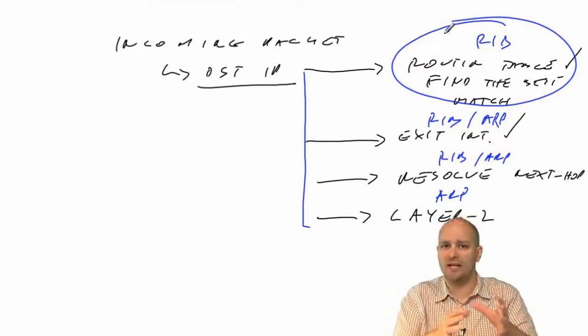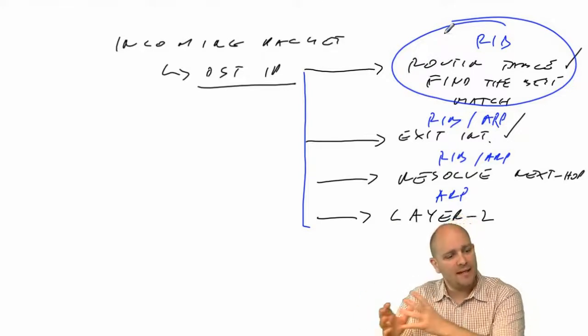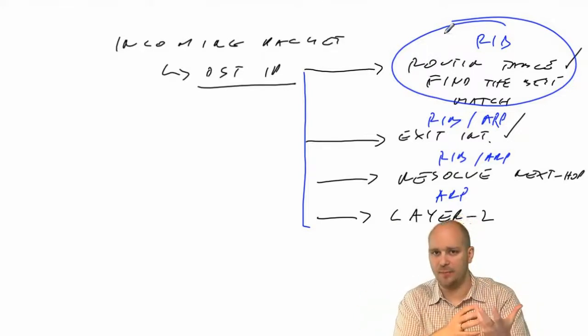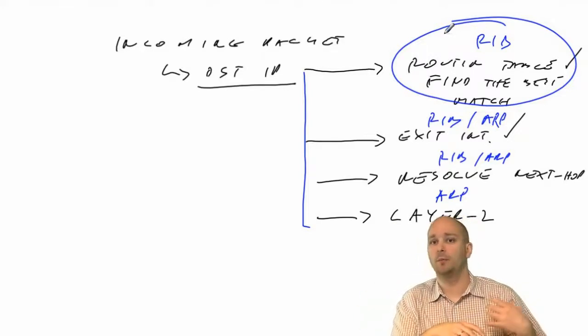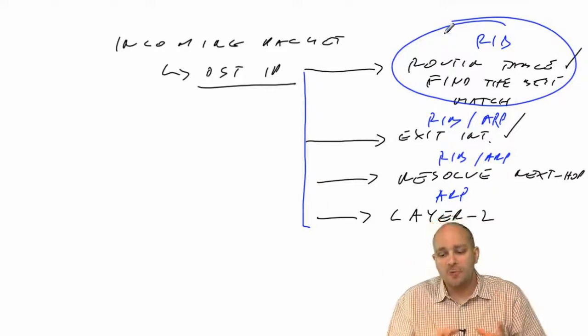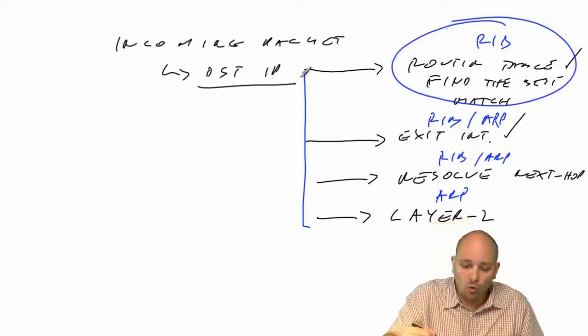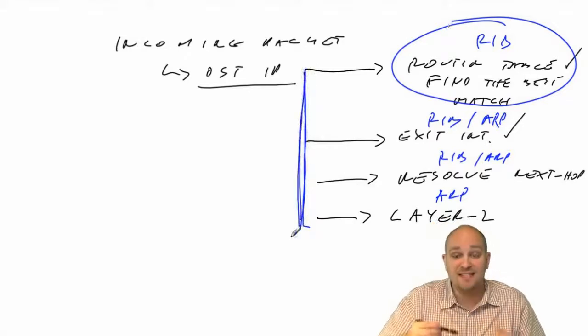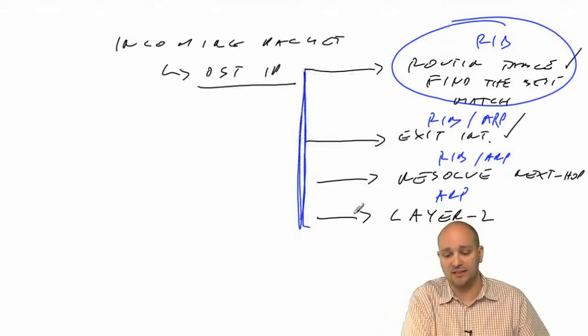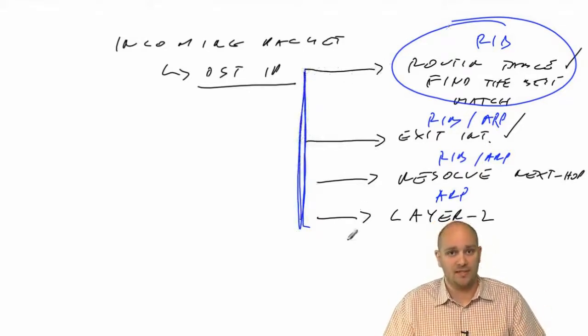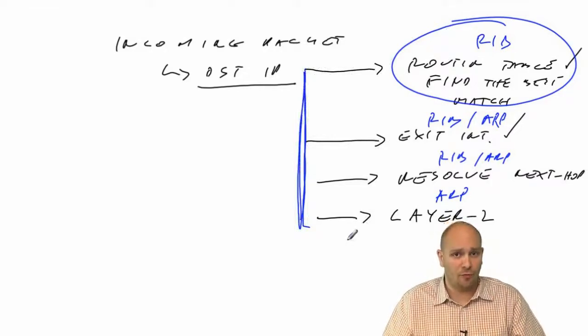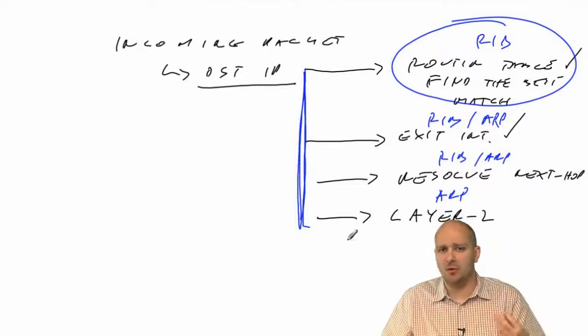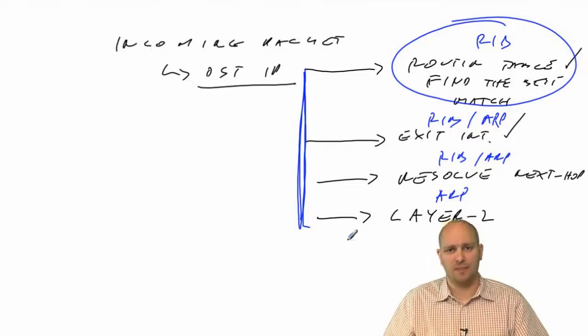But in order to use that efficiently, we may need to have a separate database that might be a little bit more efficient. What if we had a way to look all this information up in a single database instead of consulting multiple databases to build our forwarding table? And this is exactly what Cisco did when they implemented CEF.